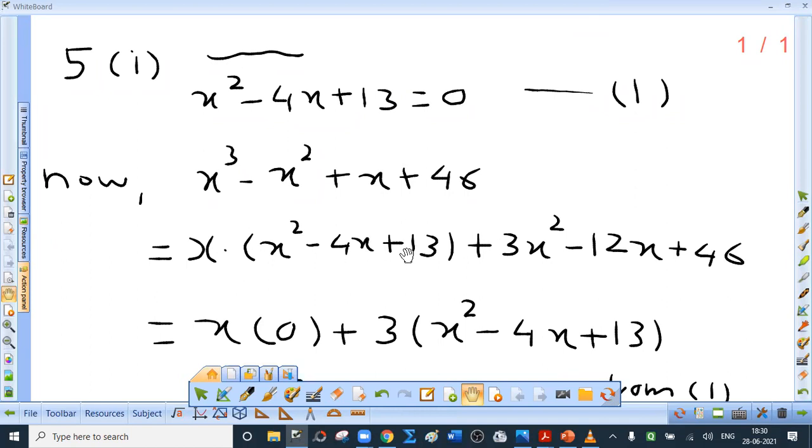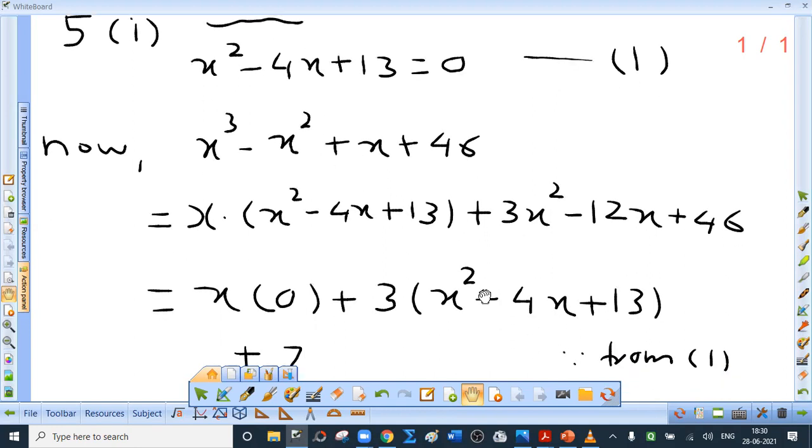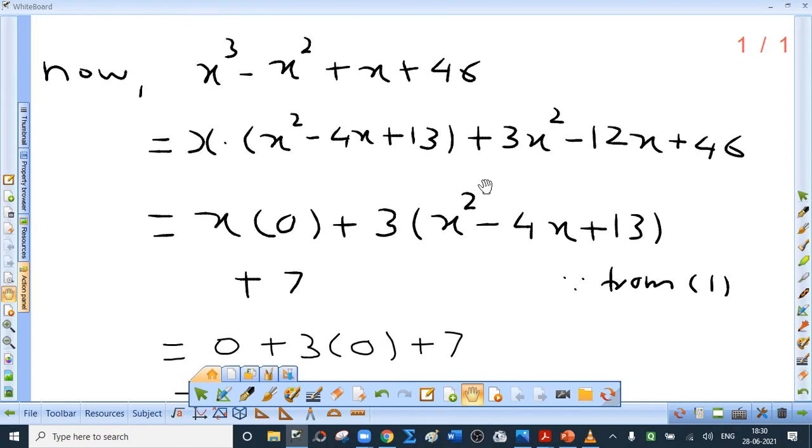Now what is the advantage of this? See, the value of this is 0 from 1. So x into 0. Now from these take 3 common. First I write what I want. So I have written that. But then I must obtain what is there. 3x square present, minus 12x present, 3 into 13, 39. It is 46. So from 39, how to get 46? Plus 7.